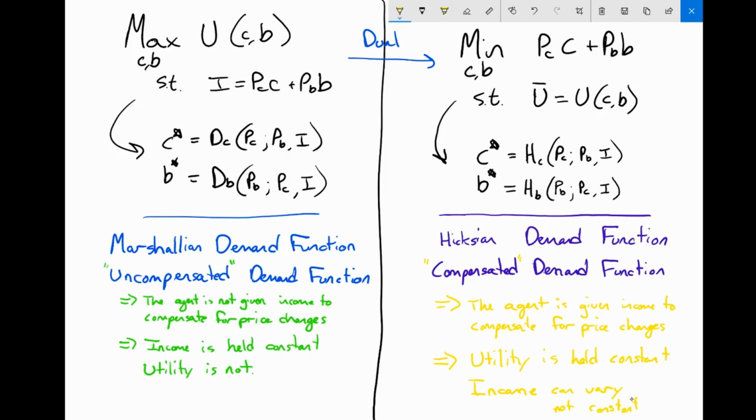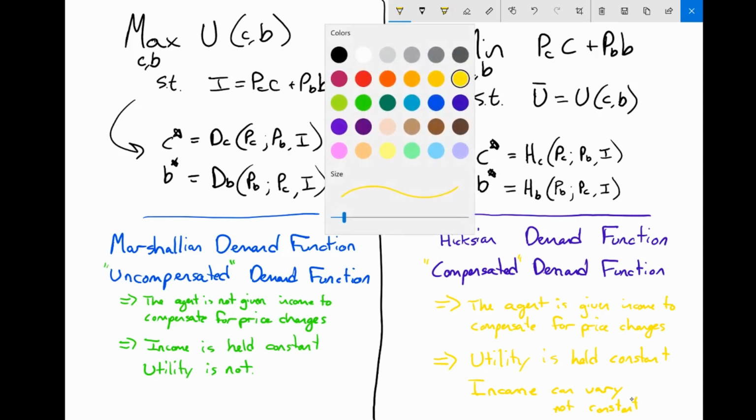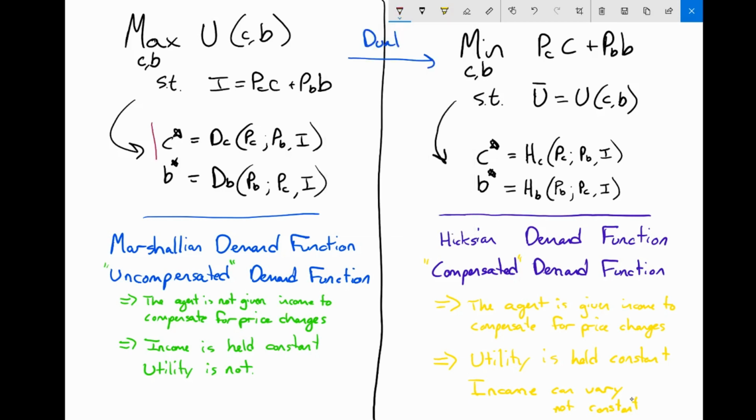So for uncompensated demand functions, and maybe as an aside, these are the primary functions that we concern ourselves with. They're kind of the main demand functions that we concern ourselves with because in reality, people are not given income to compensate them for price changes.